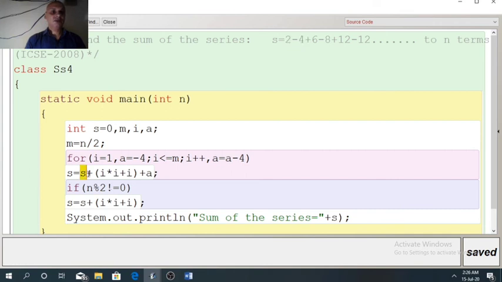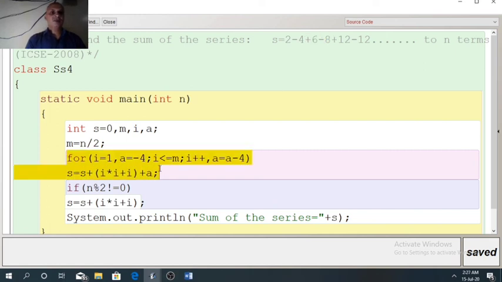Now in -2 we have to add 2 square plus 2, that is 6, and we have got 6 plus -8. So 6 and -8 will get added in the previous sum.